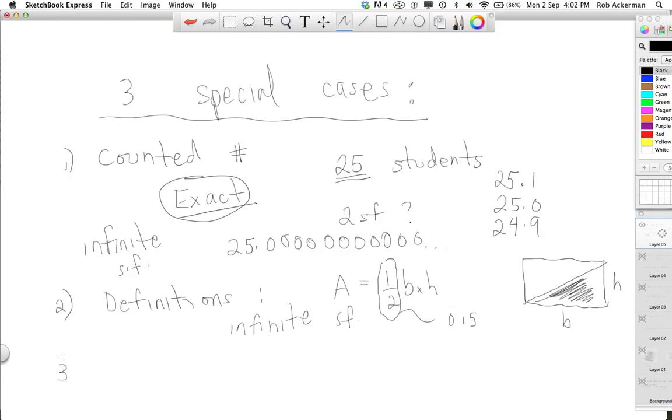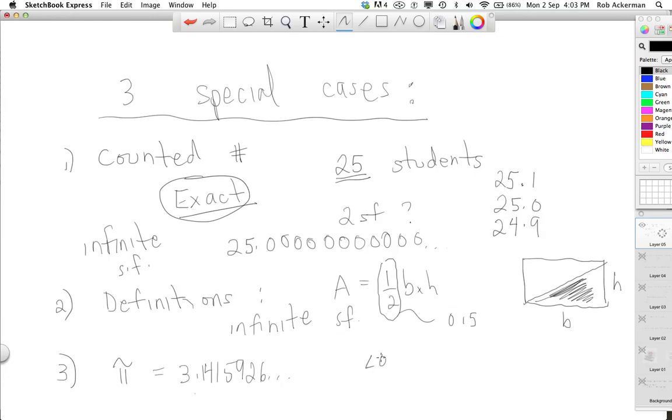And the final example would be something like pi. You go look up pi online, you get something like this, 3.1415926. That's all I memorized from my calculator. I got bored at this point. But this number goes on and on and on forever. There are computers working out this number as we speak, and I don't know what digit they're on, but they know to all of these digits how many digits that are significant, sorry, figures that are significant are in pi.